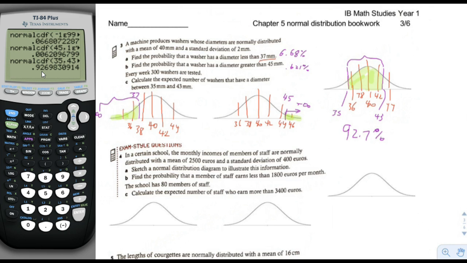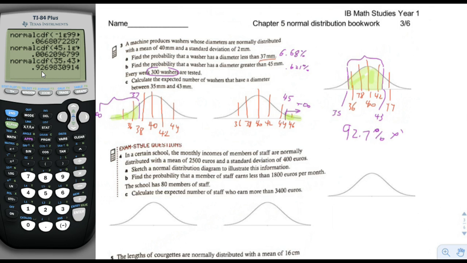Okay, but they want to know the expected number of washers. So we know that 92.7% of the washers are going to be in that size, but how do we figure out how many washers we can expect to have that size? Well, luckily in the middle, they tell us that 300 washers are tested every week. So we know the total number.